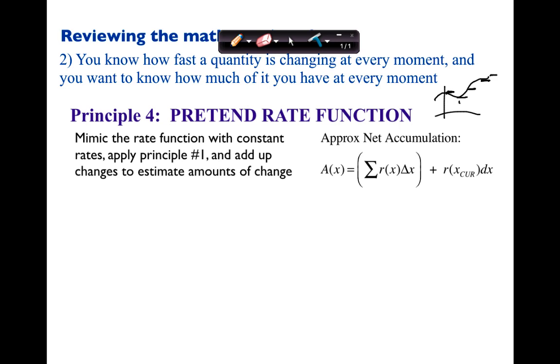And then, if we got a constant rate, say that's m2, then we know how much change came from that constant rate over this interval, delta x. How much change do we get at rate of change m2 for a change in x of delta x? How much change do we get?